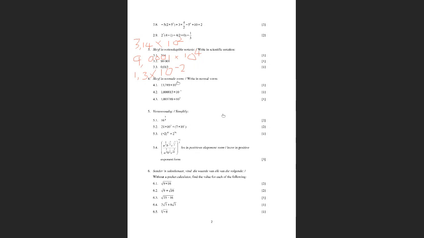The rule says that the base number must always be from 1 to 10. You must follow the instruction. If you don't, you will get it wrong, irrespective of whatever you are using. The instruction says that the base number must be from 1 to 10, then you express it as a power of 10. That is what you must make sure you do.